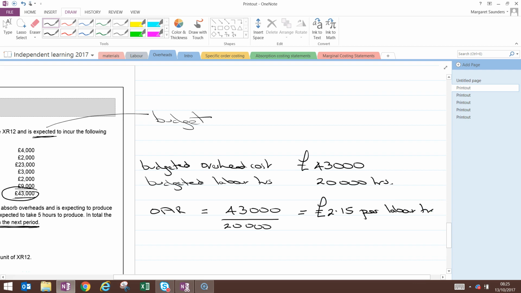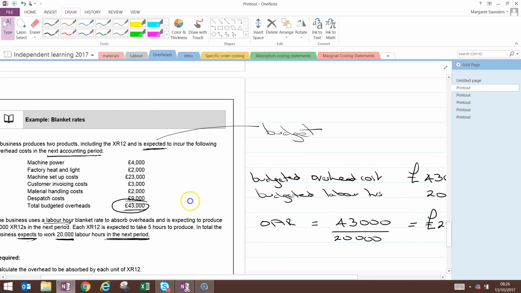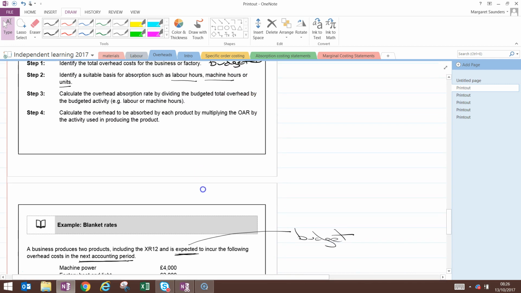Very important that when you work out your overhead absorption rate that you do write per labour hour after it. The answer is not just £2.15, it is £2.15 per labour hour. If you were dividing by machine hours, then it would be £2.15 per machine hour. So that's step 3. We now have an overhead absorption rate.